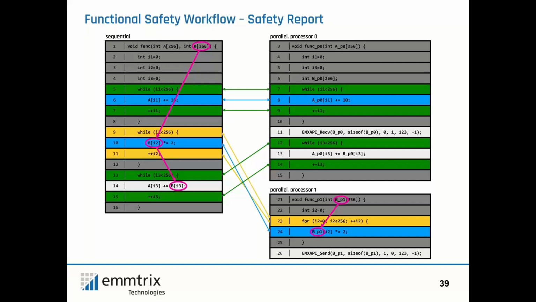The next one is not there in the parallel code, not directly, because it's on processor 0, not processor 1. So we need to have a path to move B from processor 1 to processor 0, which you can see here. The B1 will be sent to processor 0 with the EMX API send. So there's communication, and then you will have a mapping of line 14 on sequential code to line 13 on processor 0 parallel code.